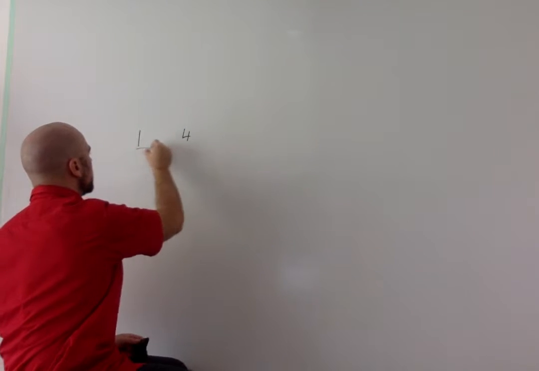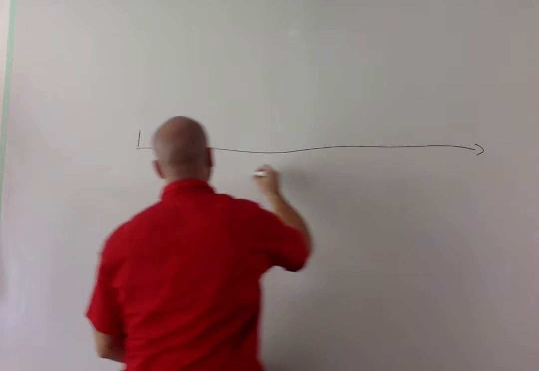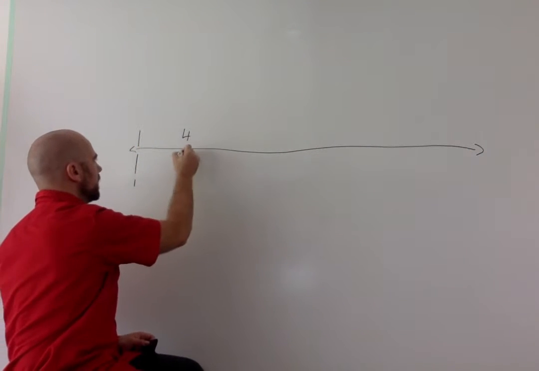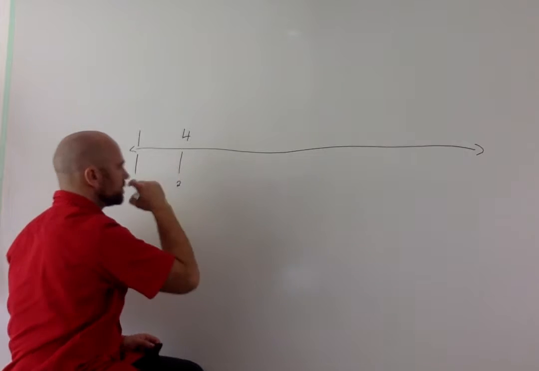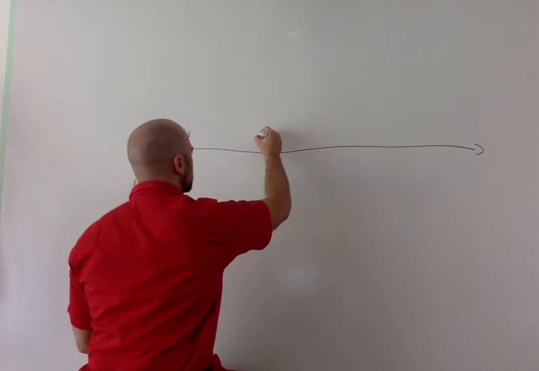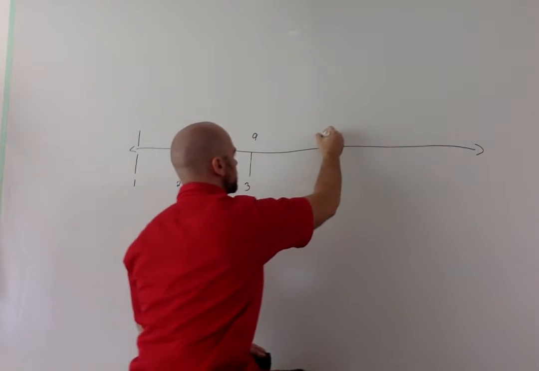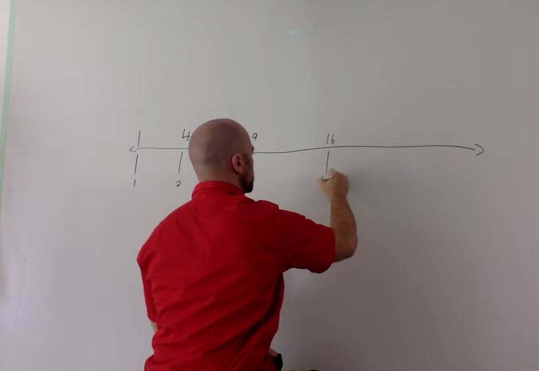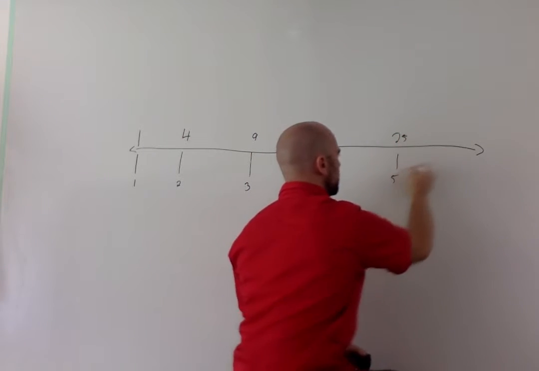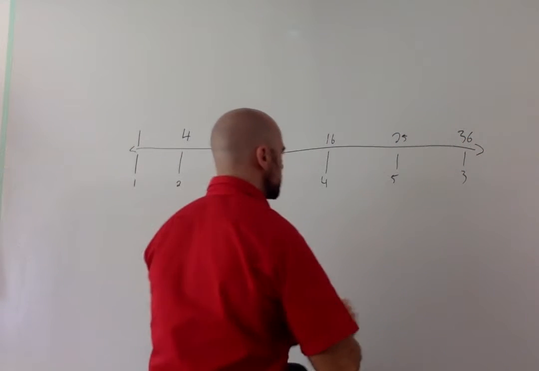Then I come down and this is going to be 1, this is going to be 2. My next perfect square is 9, which is 3. Next is 16, which is 4. Next I have 25, which is 5. Then 36, which is 6.